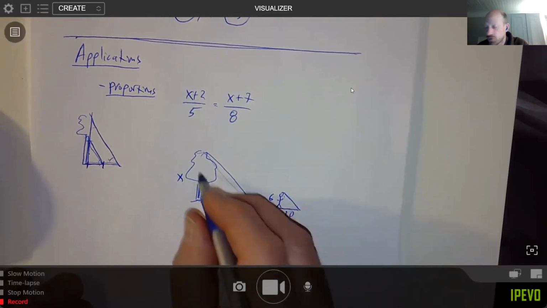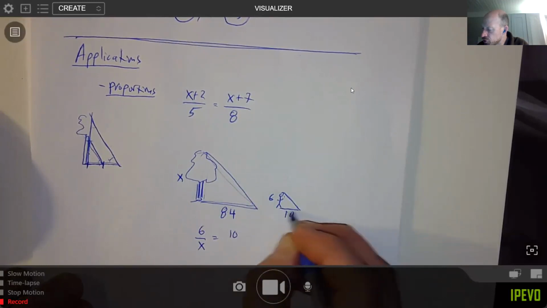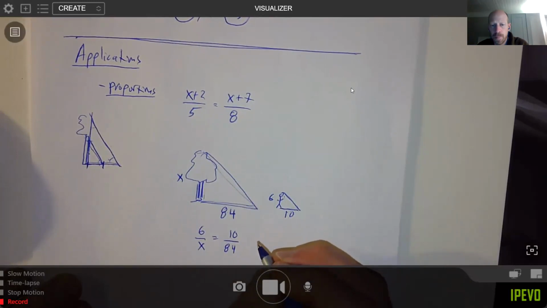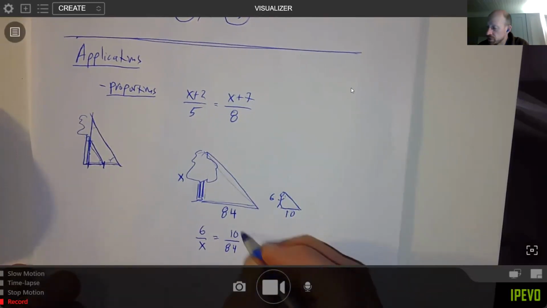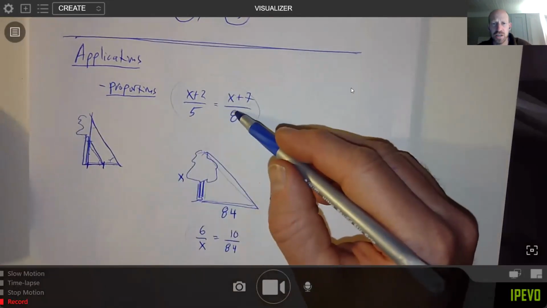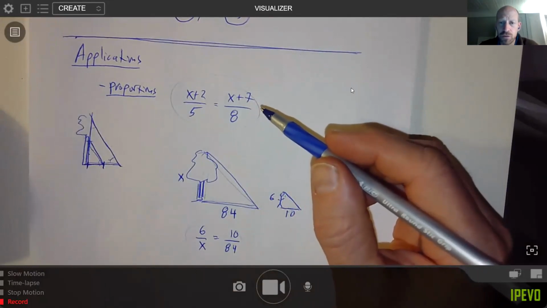So the height of the person to the height of the tree is going to be equal to the person's shadow compared to the tree's shadow. So this is a proportion in the same way that this is a proportion. It's one fraction equals another fraction. And we already know how to solve these, right?